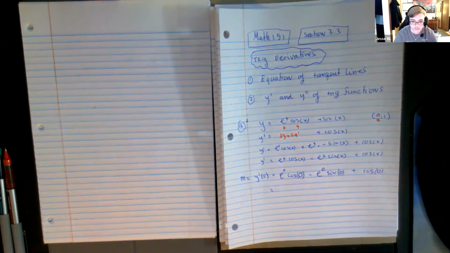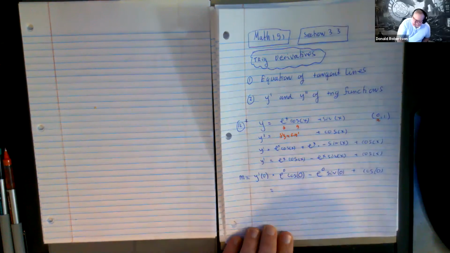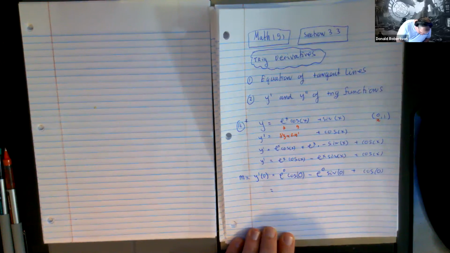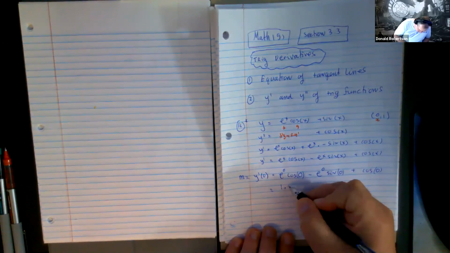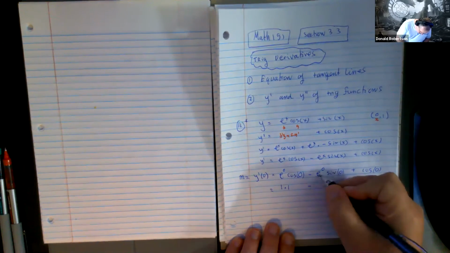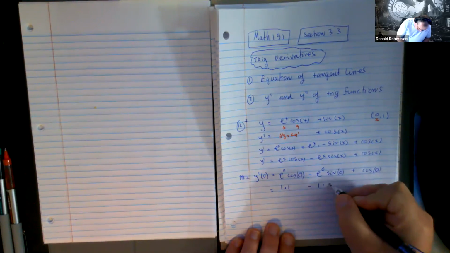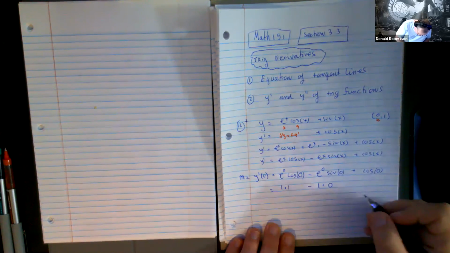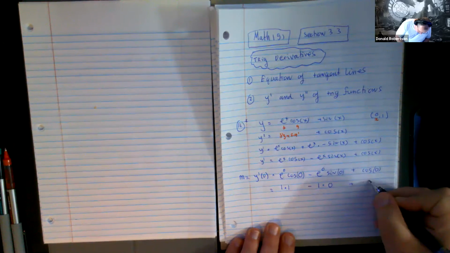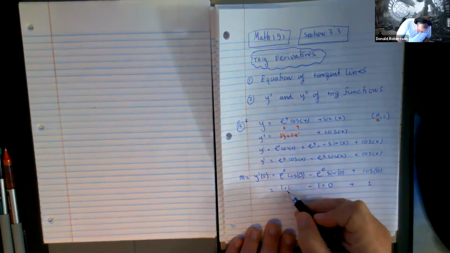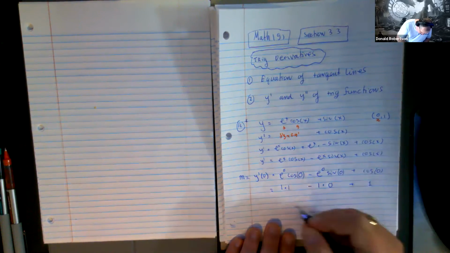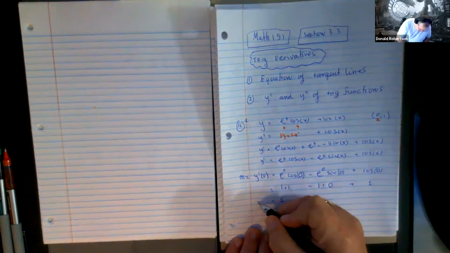It's 1. And isn't e to the 0 also 1? So I basically get 1 times 1. e to the 0 is 1, the sine of 0 is 0, so here I get 1 times 0, plus the cosine of 0, which is 1. 1 times 1 is 1, add another 1, we got 2. We now know the slope of the tangent line is 2, at least at that point.